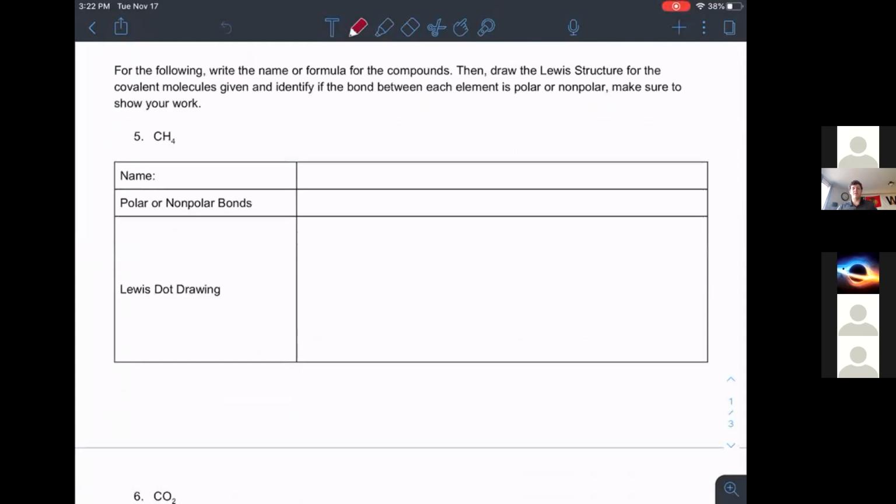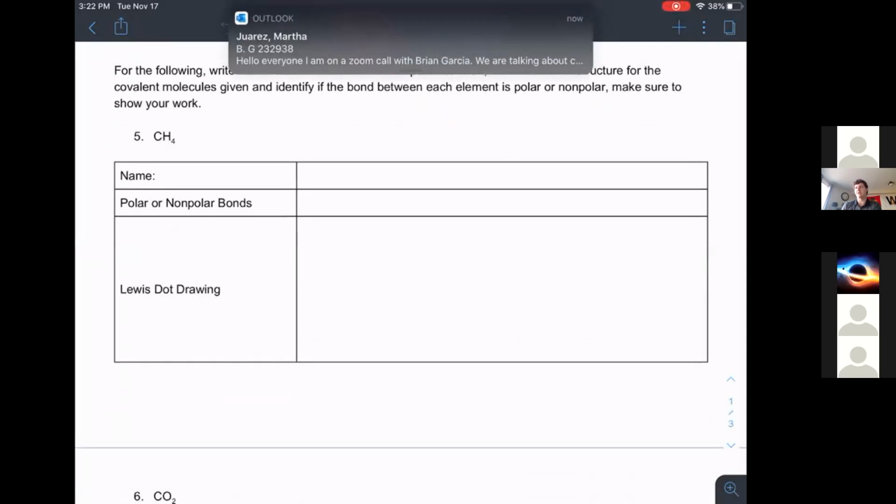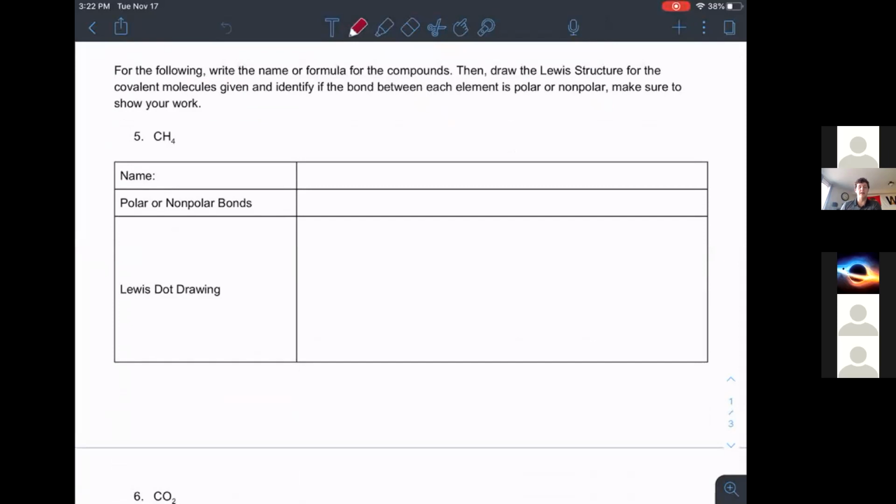The next half of the questions asked you to name the compound, identify polar or nonpolar by showing your work and doing your electronegativity difference calculations, and lastly, come up with the Lewis dot structures for those compounds. So the name here is going to be carbon, since there's just one of these elements.